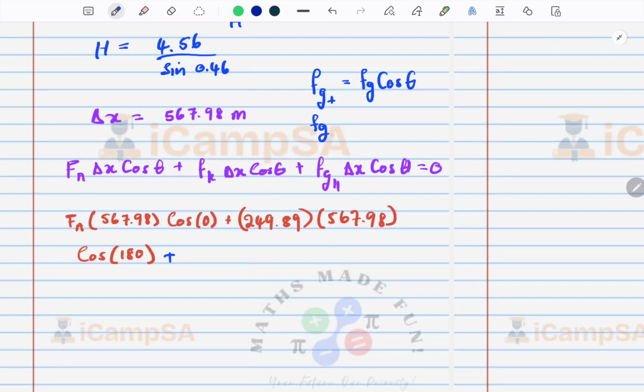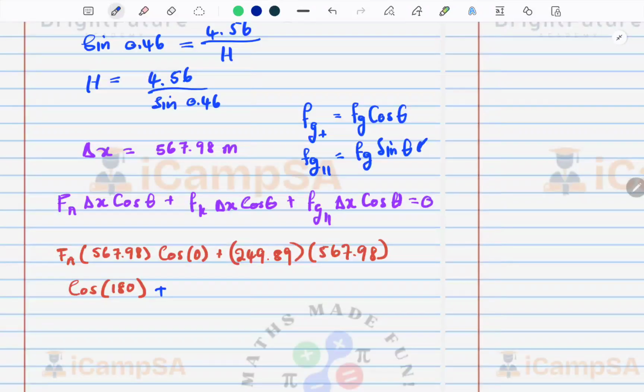That means your FG parallel is going to be FG sine theta. Now this theta is different from the theta in the work done. This one is from the inclined plane, which is your 0.46. That's what makes it different here.